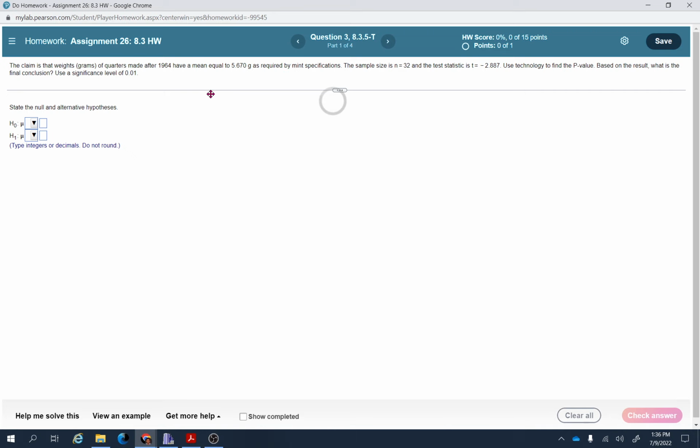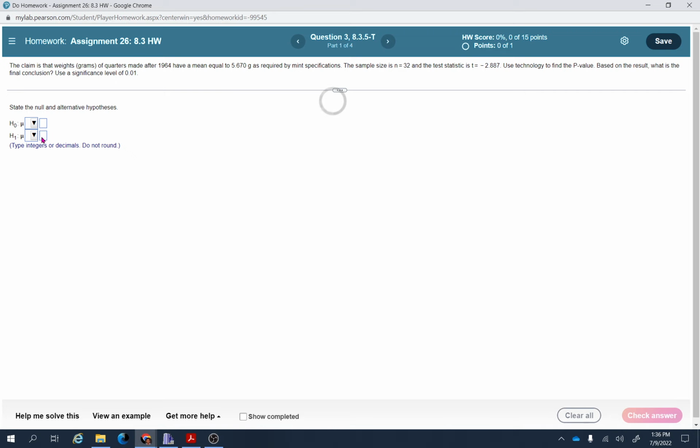So that's the claim. The sample size is 32, and the test statistic t-value is negative 2.887. Use technology to find the p-value. Based on the result, what is the final conclusion? Use a significance level of 0.01.